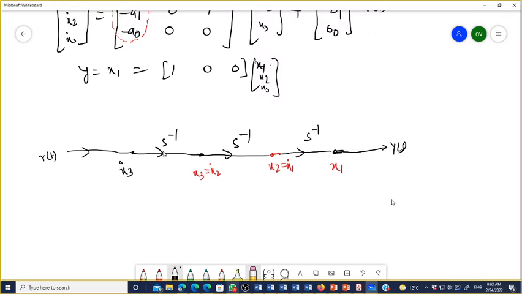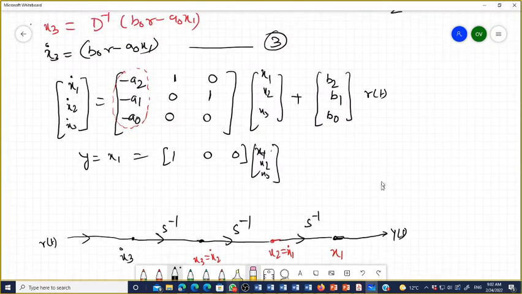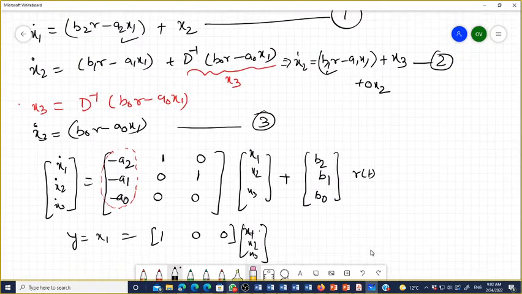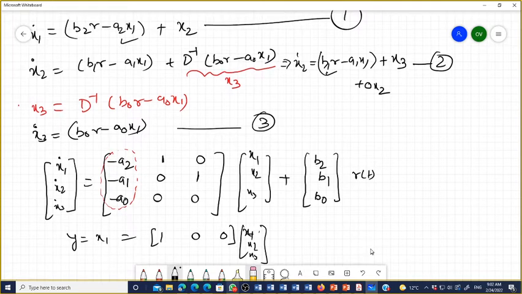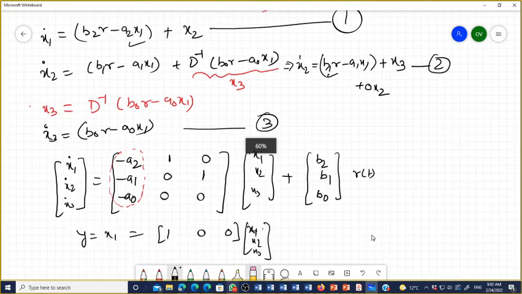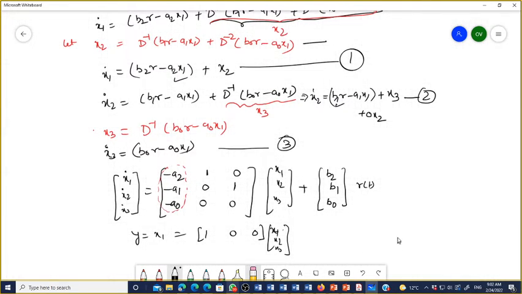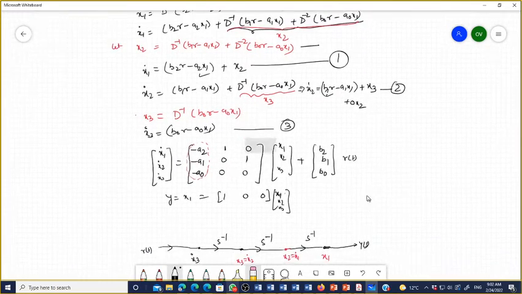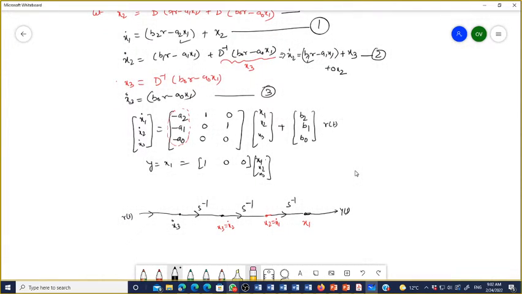Now come to the next. x1 dot is equal to b2 r minus a2 x1 plus x2. I will make the screen a little smaller so that it stays visible.